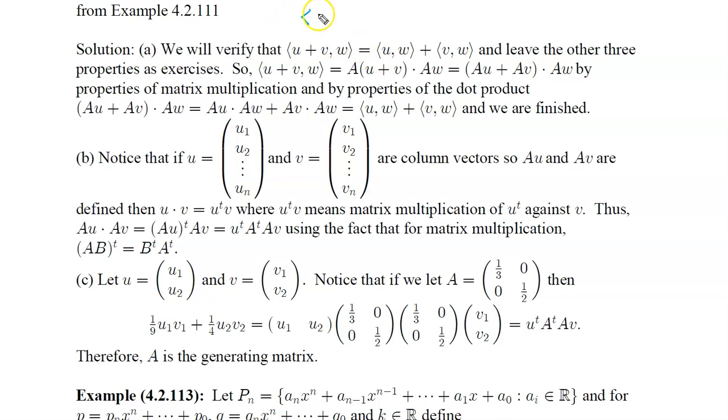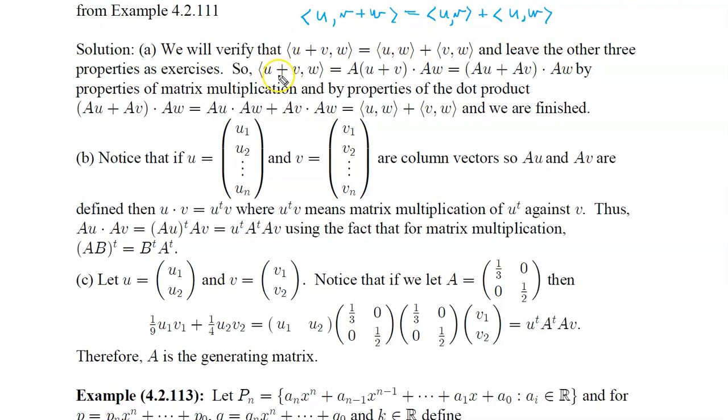I just have it a little backwards here, but it doesn't matter which one you use. This is equivalent to this one right here. Okay, so keep that in mind.